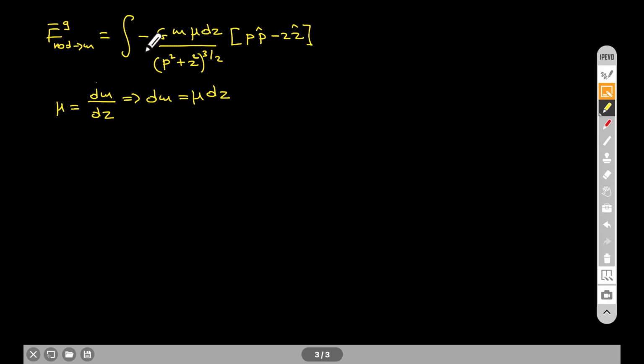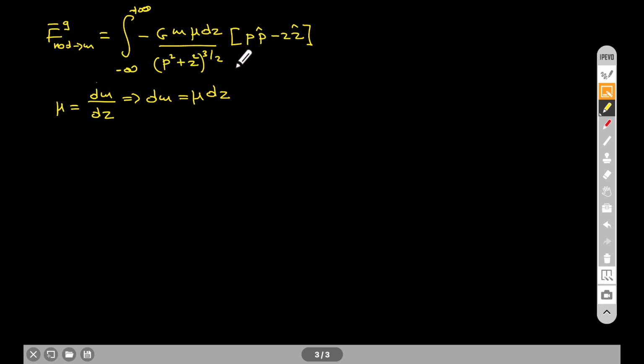Now here is where I have to set the limits of the integration. Since I know that the rod extends from minus infinity to plus infinity, this means I'm integrating from minus infinity to plus infinity. Z, since that's my variable of integration, will need to go from minus infinity to plus infinity because the entire rod is infinite.